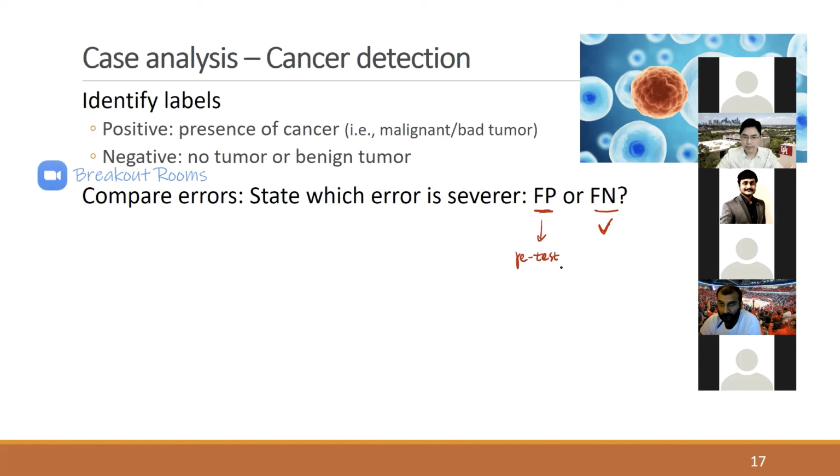Right. Put these all together. Let me try to restate. So in the case of a false negative, an actual cancer patient is told, based on the diagnosis, that there's no cancer. It's false negative, right? No cancer, but it's a wrong diagnosis.